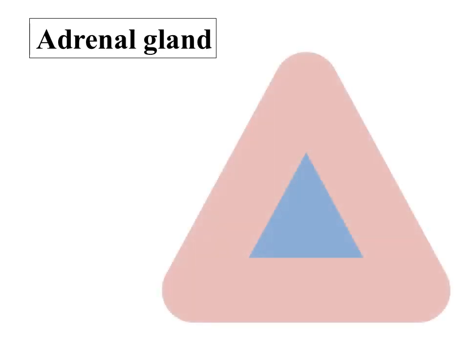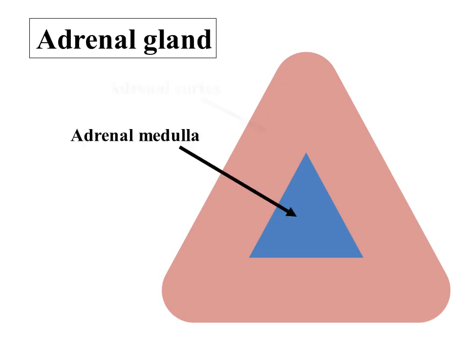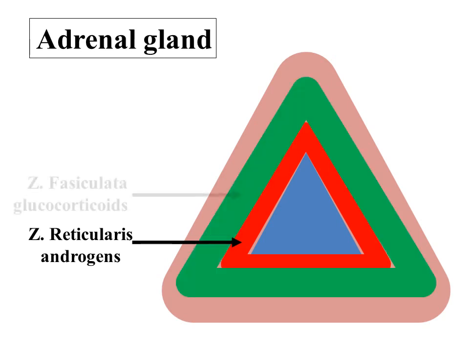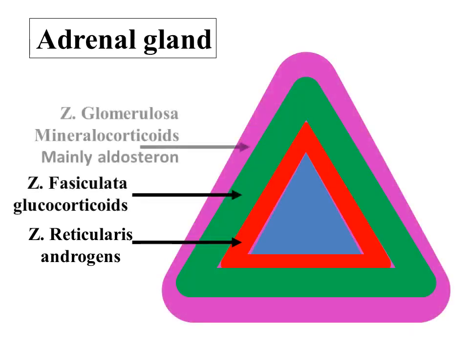The adrenal gland consists of two parts, the adrenal medulla and the adrenal cortex. The adrenal cortex has three layers: the zona reticularis, the zona fasciculata, and the outer layer, zona glomerulosa.